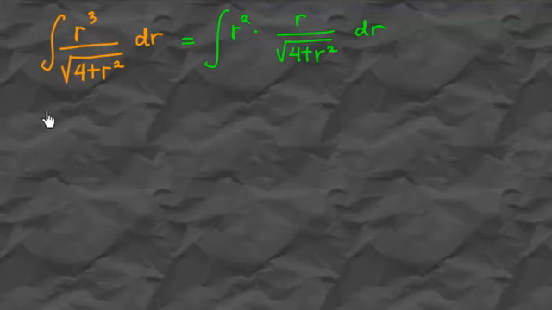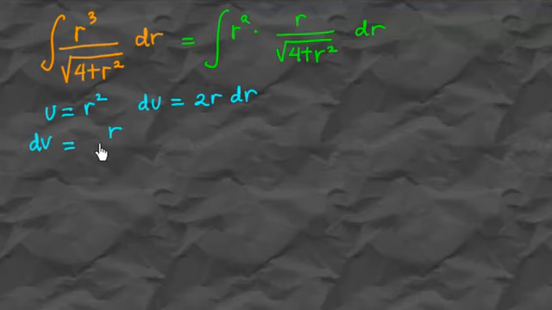Let's see. So choose u equals r squared, then du is 2r dr, and choose dv to be r over square root of 4 plus r squared dr.